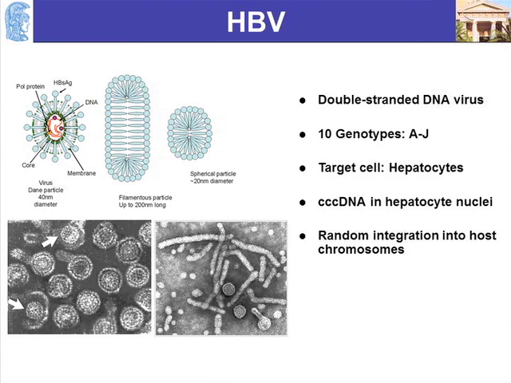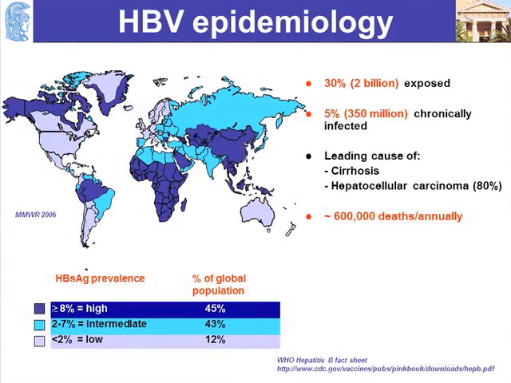And the other thing that happens is that the virus randomly integrates into the host chromosome. So really, you cannot get rid of this virus. The virus still stays in the liver. As I said before, this is much more common than hepatitis C virus. There are about 350 million people infected and 600,000 deaths annually from this virus.